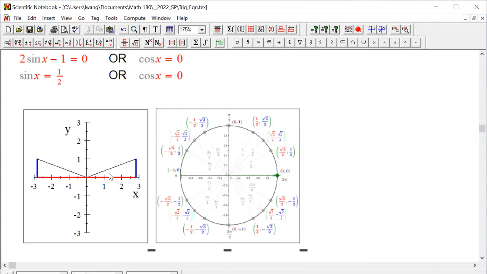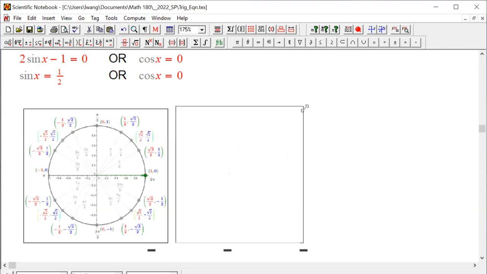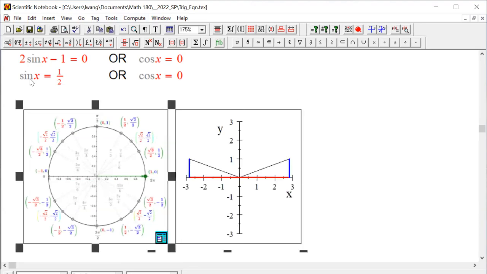So this is for 1/3, let me put it on the side, and this is for 1/2. Sine x equals 1/2. So what are the terminals we're dealing with? There's a terminal here, and there's a terminal there. You see how similar they are?